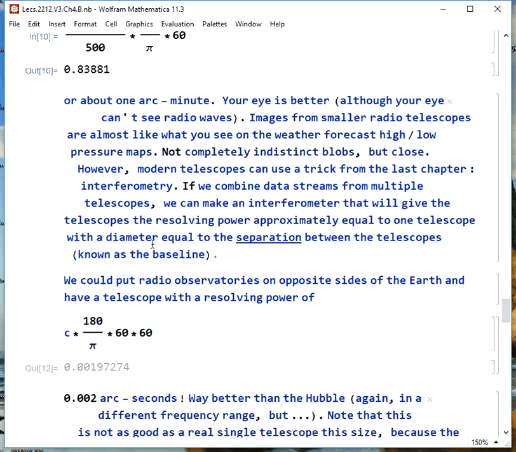If we combine the data streams from multiple telescopes, we can use interferometry to make a telescope that has the resolving power approximately equal to a single telescope with a diameter equal to the separation between the telescopes, which is called the baseline.